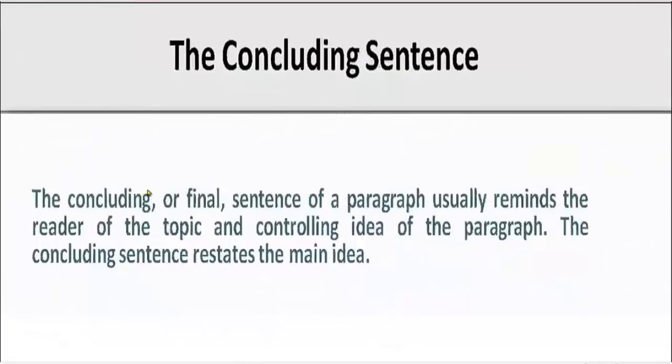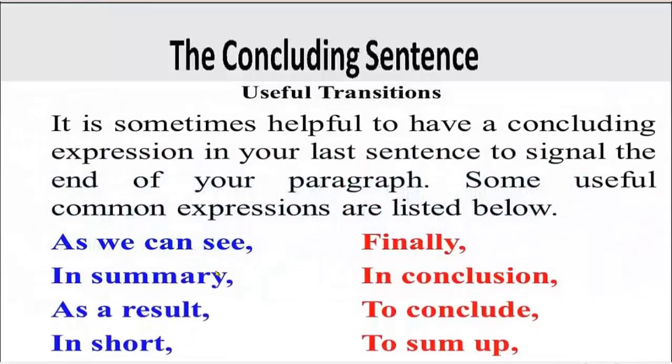Okay, as I have just told you, the concluding or final sentence of a paragraph usually reminds the reader of the topic and controlling idea of the paragraph. The concluding sentence restates the main idea. Okay?